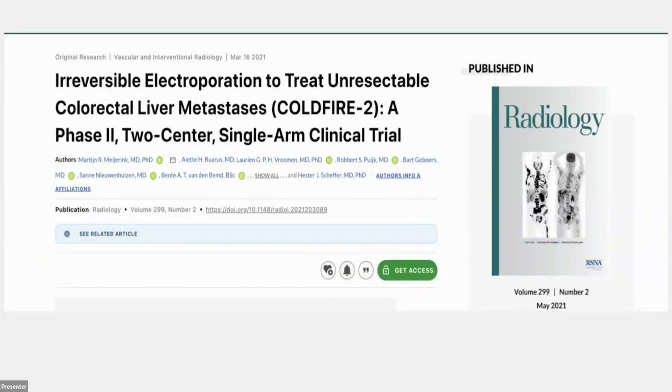And that led to the COLDFIRE-2 trial, which was a clinical trial for pretty similar indications like in HCC, for unresectable and not thermally ablatable central colorectal liver mets up to 5 centimeters.